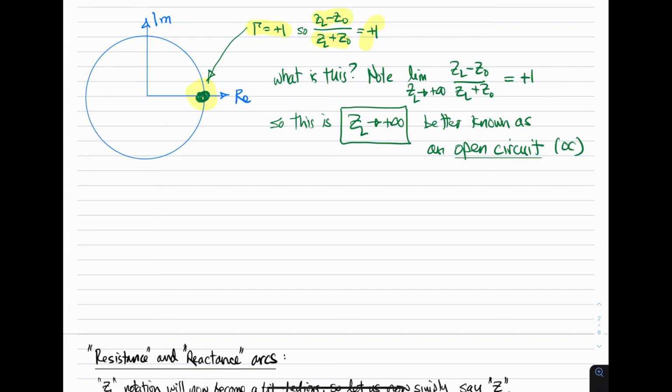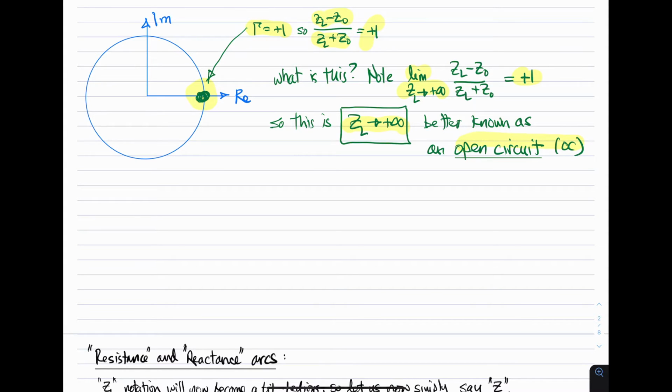Well, note that the limit of this expression as z sub l goes to infinity is plus 1. In other words, when z sub l becomes gigantic and positive, z naught becomes irrelevant, and the limit becomes 1. So this corresponds to z sub l going off to plus infinity, which is better known as the open circuit.